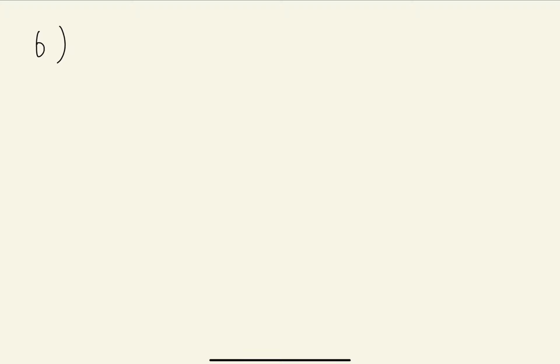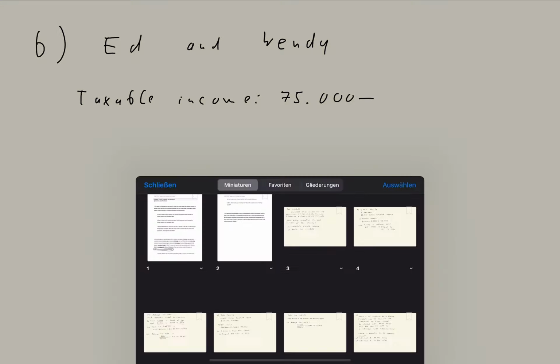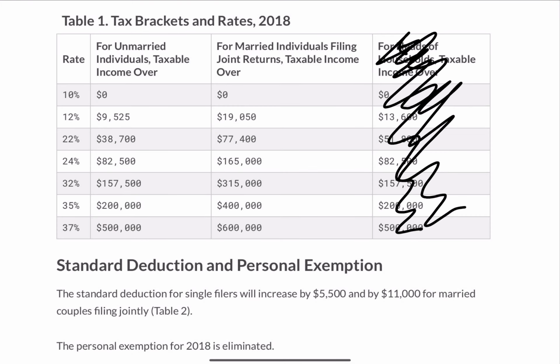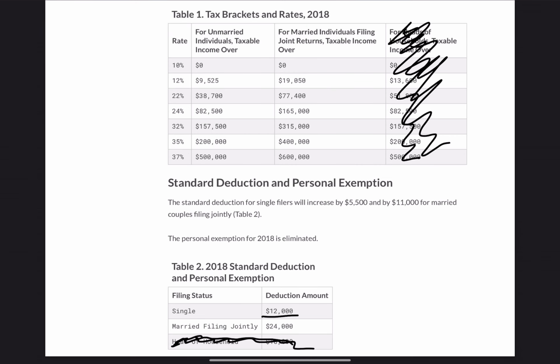Now let's start with Ed and Wendy. They each earn $75,000, and the taxable income is then $75,000 minus the exemption that we have for single filers, which is $12,000.